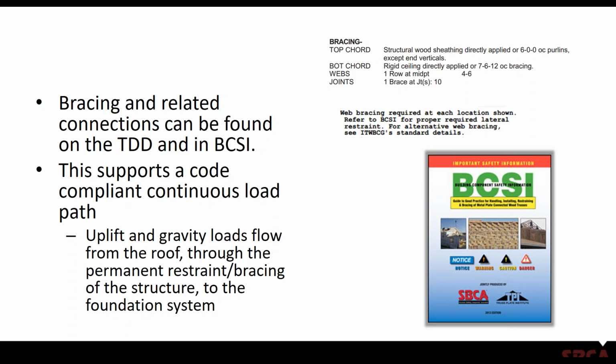And then lateral restraints also required at joint 10. The note right below that is from a different truss design drawing that says web bracing is required at each location shown, and then it correctly refers the installer to BCSI for proper required lateral restraint, and then diagonal bracing, web bracing.